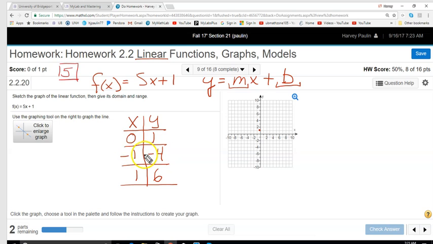And then -1, -4. So we go to the left, -1, down to where -4 is, and it's right there. And then we go a +1 for the x, so over 1, up to where 6 is, and we put a point right there.